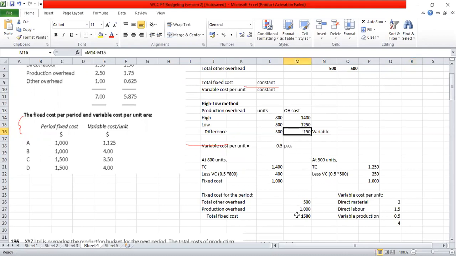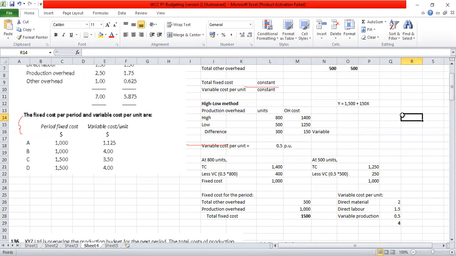How much is fixed cost? 1,500. With this information also we can write an equation, that is y is equal to 1,500, that is fixed cost, plus 150x, where x will be the number of units or number of hours or whatever it is. So like this an equation can be established.